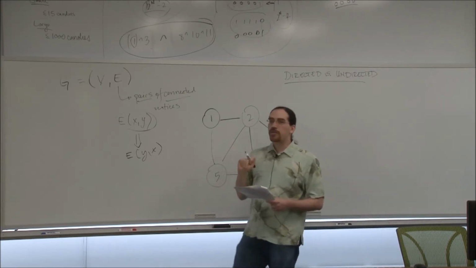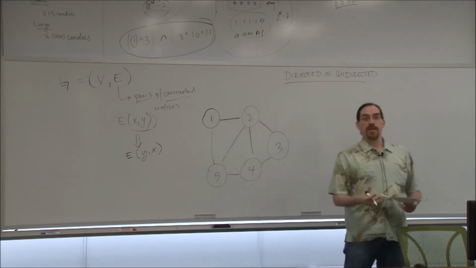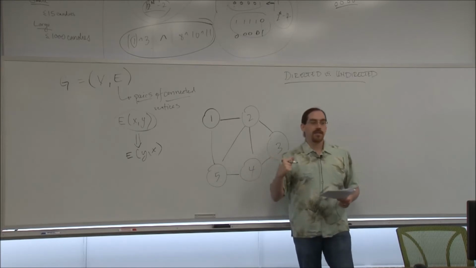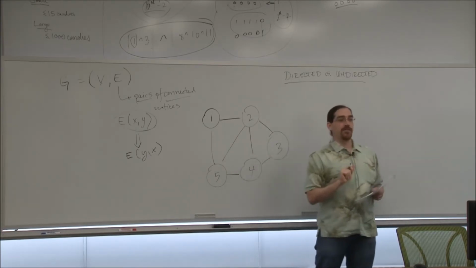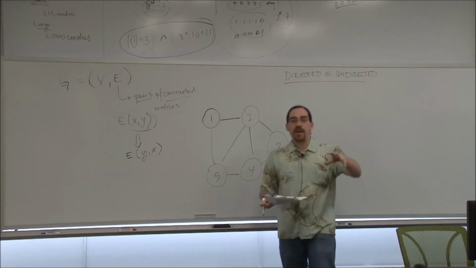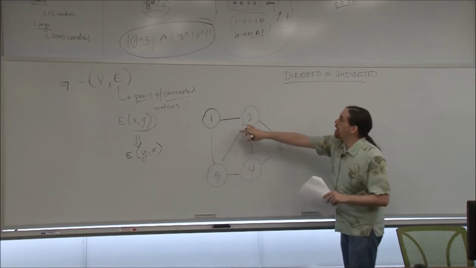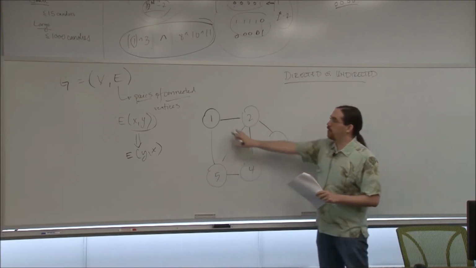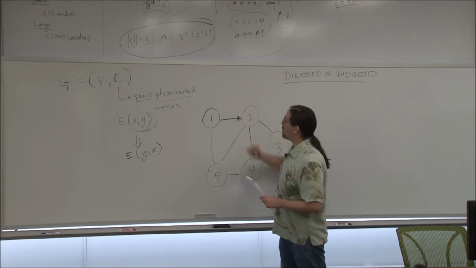But if we instead want to draw maybe the hierarchical network at the company, where the relationship is, x is the boss of y, that's not a symmetric relationship. If x is the boss of y, that doesn't mean y is the boss of x. And so that is going to be a directed graph. And when we draw a directed graph, we mark that by drawing little arrows on the line.